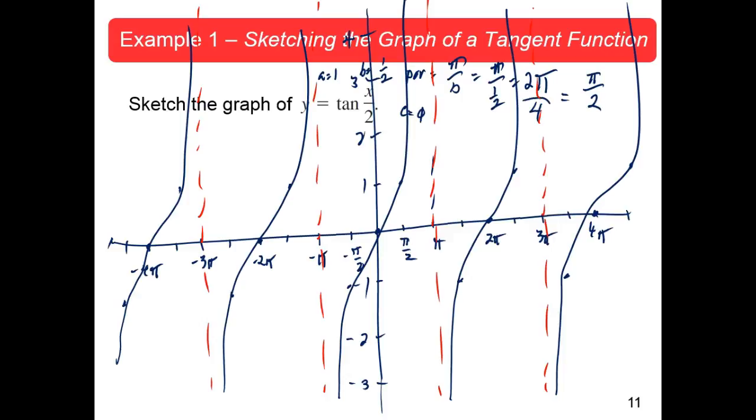There's your graph of y equals tangent x over 2. Looks just like the tangent function, except it's a horizontal stretch. Remember, if your coefficient is 1/2, something between 0 and 1 is a stretch. So you stretched it, you doubled it.